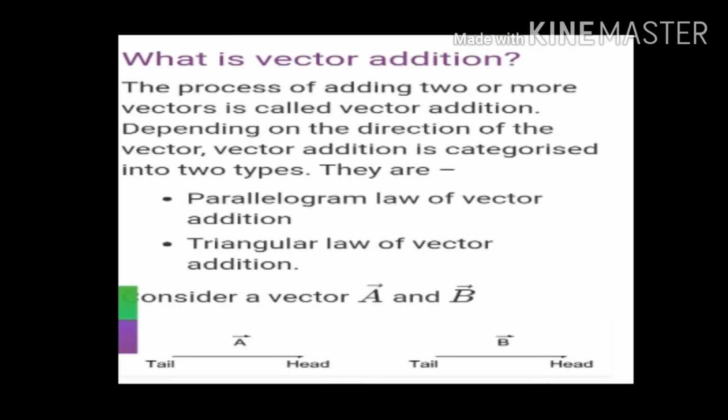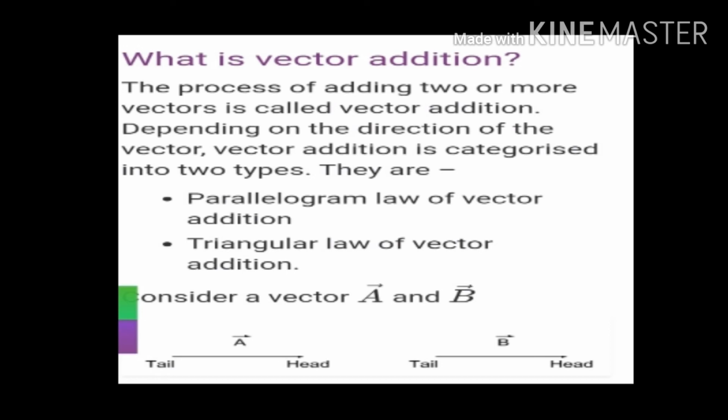First, we have to know what vector addition is. The process of adding two or more vectors is called vector addition. Depending on the direction of the vectors, vector addition is categorized into two types: parallelogram law of vector addition and triangular law of vector addition.